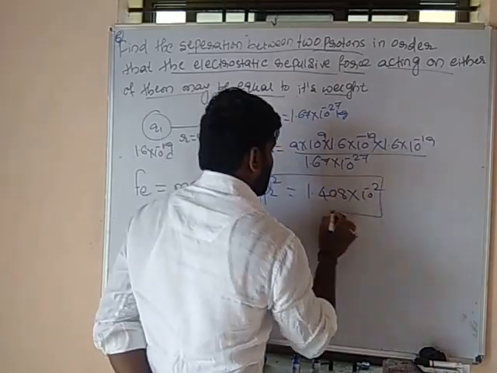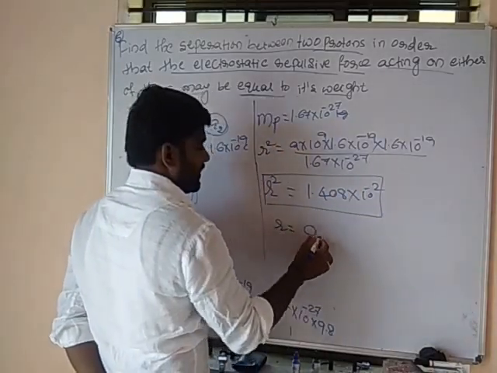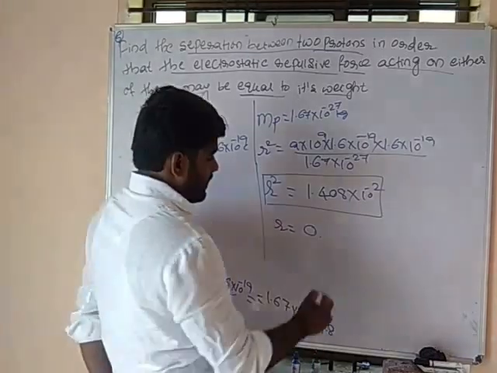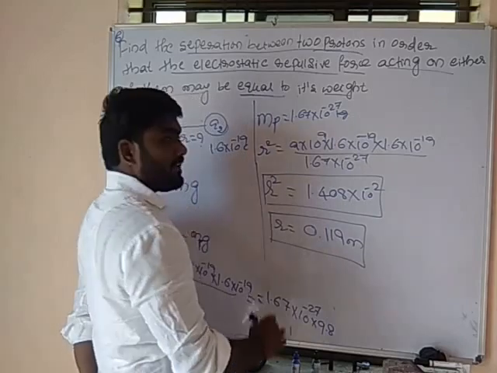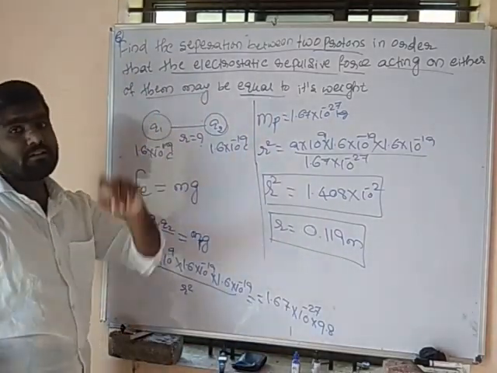R square. What do I want to calculate? R is equal to what? It will be 0.119 meter, which is the final answer. Okay? So next question.